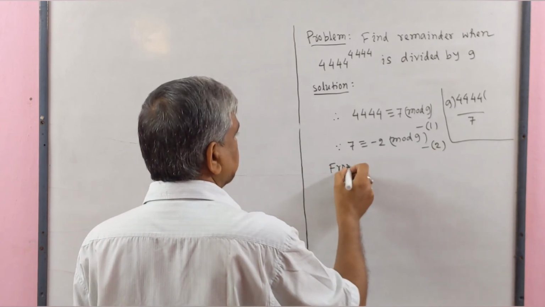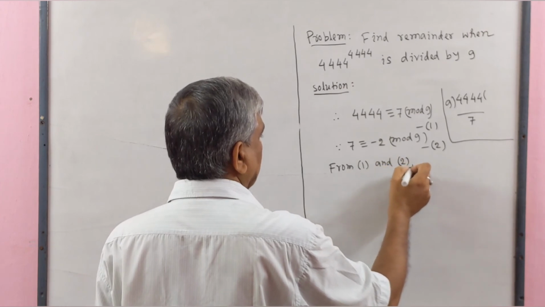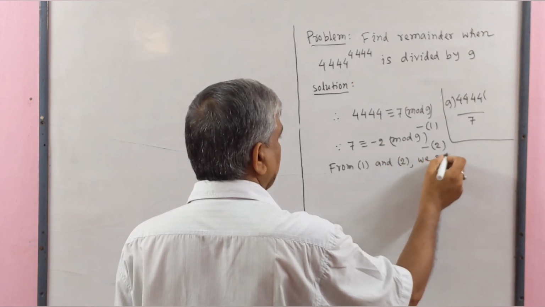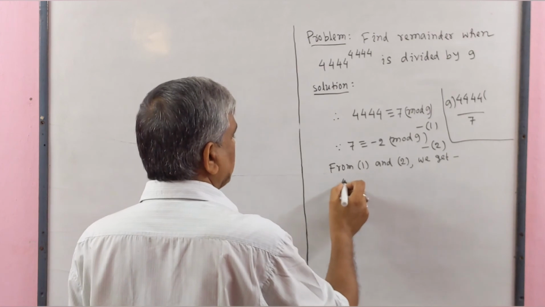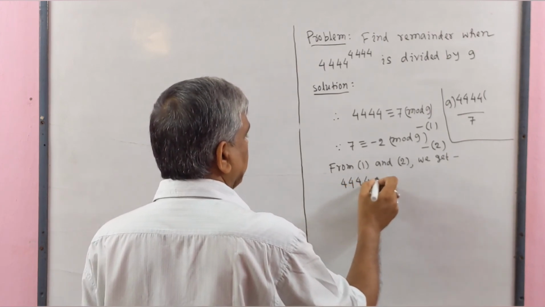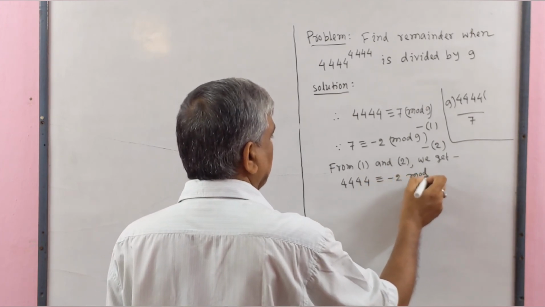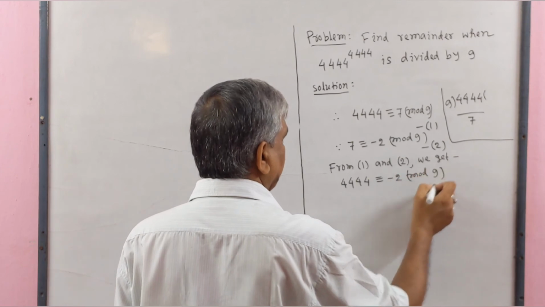From 1 and 2, we get 4444 is congruent to -2 modulo 9.